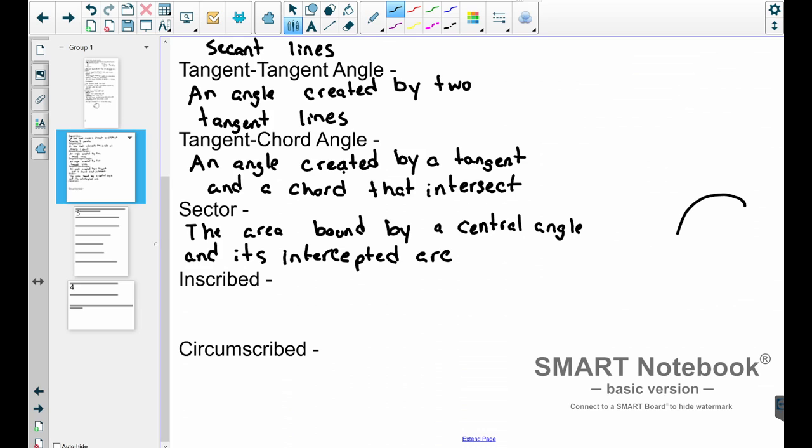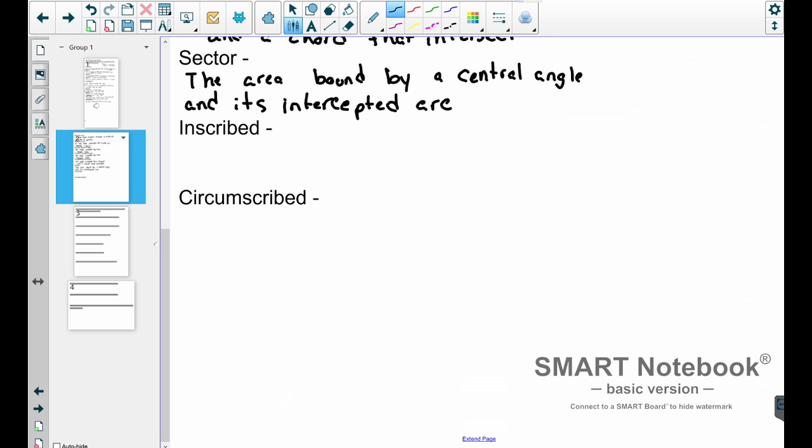So if we have something like this and a central angle, we'll pretend that's perfect. This area in here would be your sector. One giant piece, like the slice of a pizza.